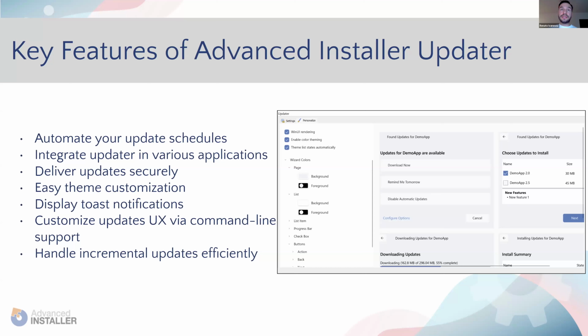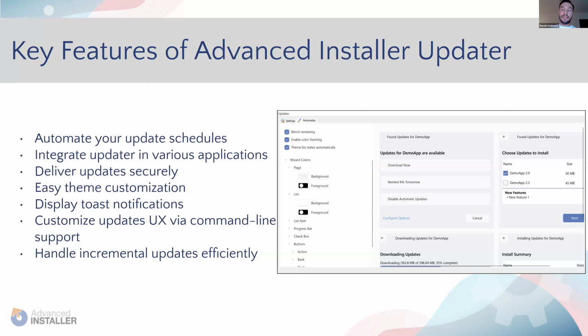You can customize the installer by changing the background color, buttons color, or text color so that it matches your brand. Advanced Installer helps you engage users with those notifications. These notifications clearly inform users about new updates and so on without needing extra coding effort from your team. You can easily customize updates through powerful command line support.